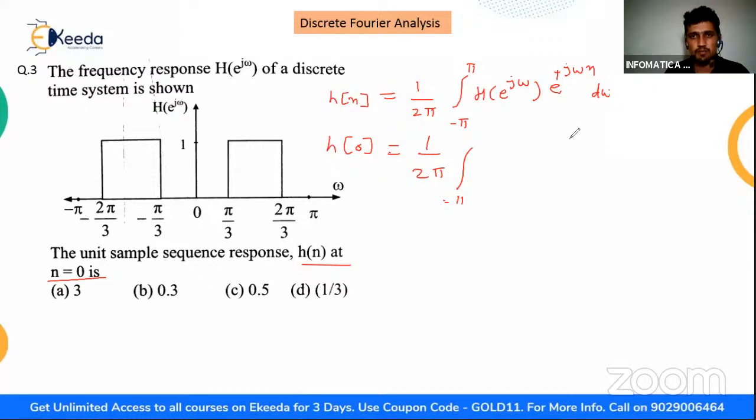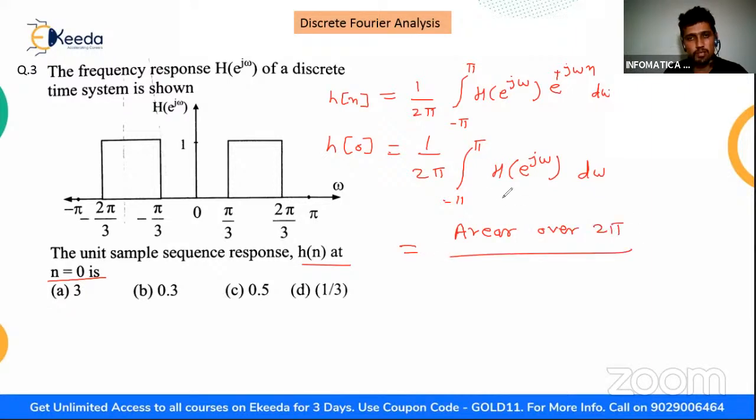So we have the area divided by 2 pi, area from minus pi to pi over 2 pi. Why do we integrate over only this 2 pi? Because when the signal is discrete, in the frequency domain it will be periodic, with a period of 2 pi, so it will repeat itself after every 2 pi.